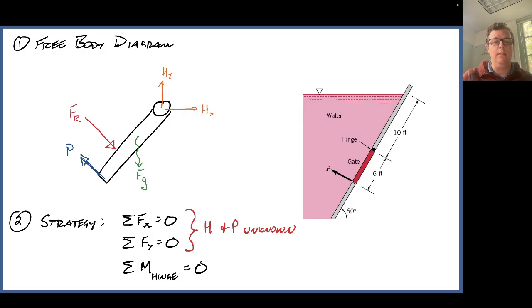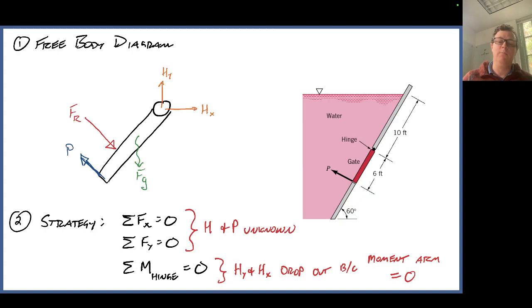We absolutely can, but when we do so, either one of those equations is going to have some component of P, which is unknown, and it's going to have a reactionary force, Hx or Hy. And so one equation with 2 unknowns isn't enough. We absolutely could manifest those 2 equations, but that's going to be 2 equations with 3 unknowns, Hx, Hy, and P. So we're going to ultimately have to manifest the sum of the moments around the hinge.